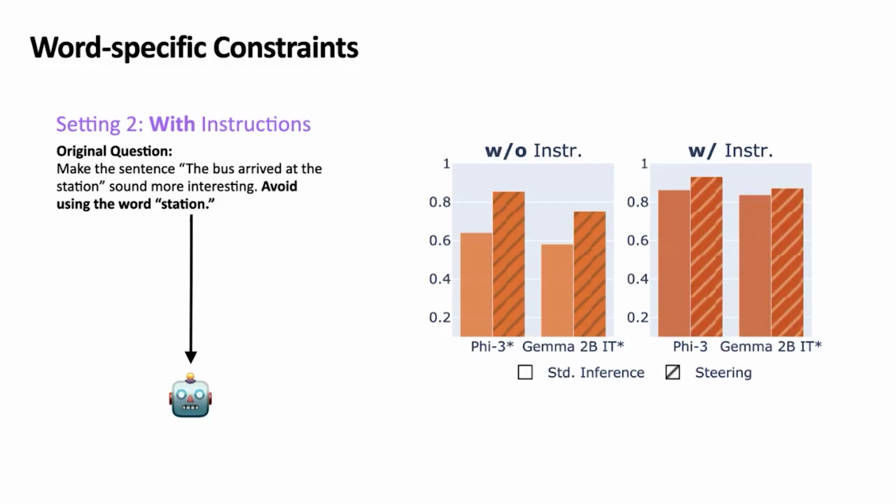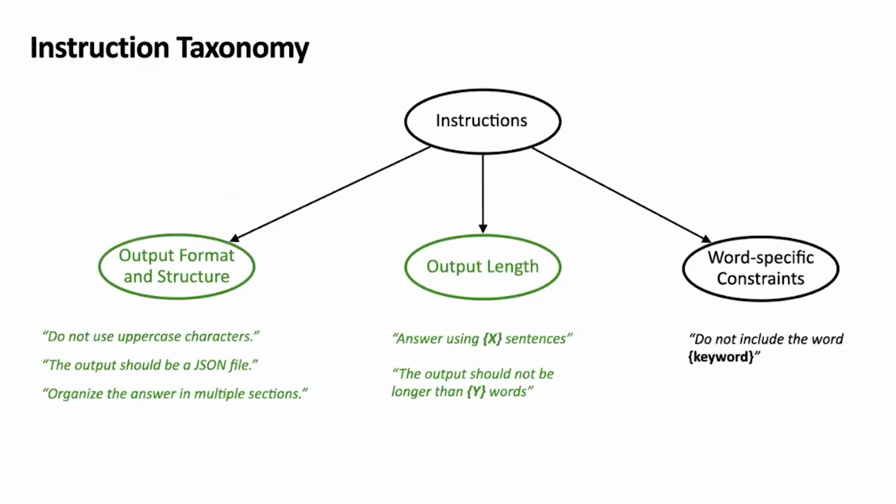These results are about word exclusion. We perform a similar experiment for word inclusion. And again, in both settings, the results are similar, where we observe an improvement in both cases. So this was the third class of instructions that we considered.